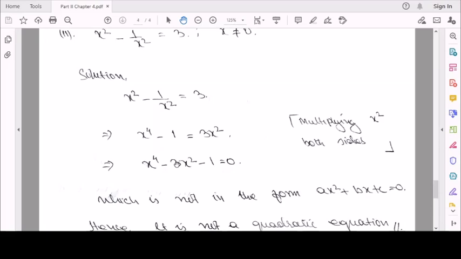You bring this as the second term. This is on the right side, you bring it to the left, this is plus, you will change it to minus 3x squared, and the last one is minus 1. It is on the same side of the equal sign. See this equal sign, this one is on the left, and here also it is on the left side of this equal sign. Therefore minus 1 will remain minus 1 as well.